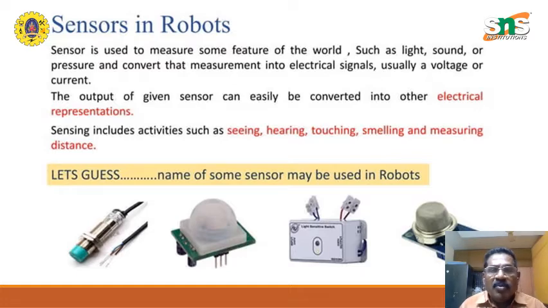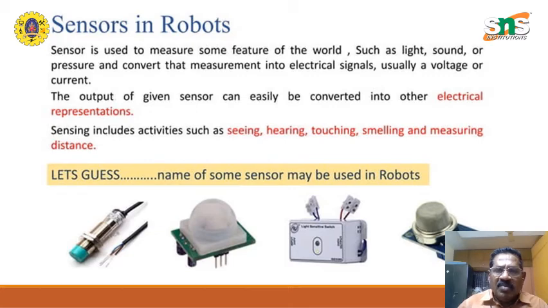The output of a given sensor can easily be converted into an electrical representation, or it could be a light or a sound, and the sensing includes activities such as seeing, hearing, touching, smelling, and measuring the distance, etc.